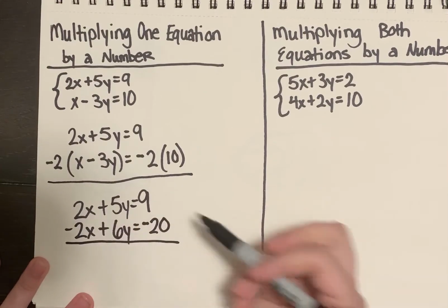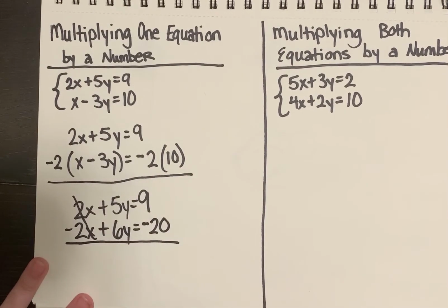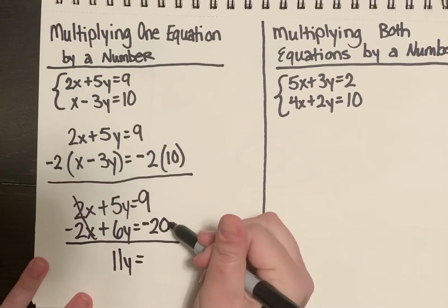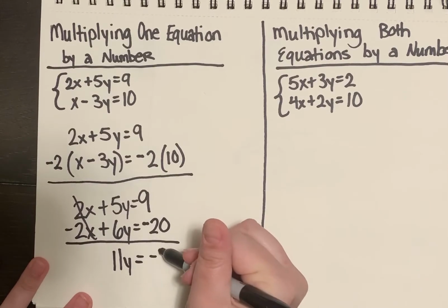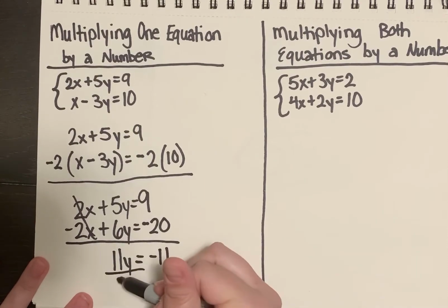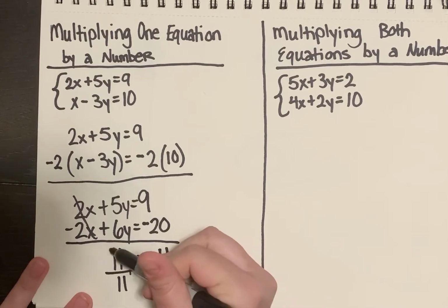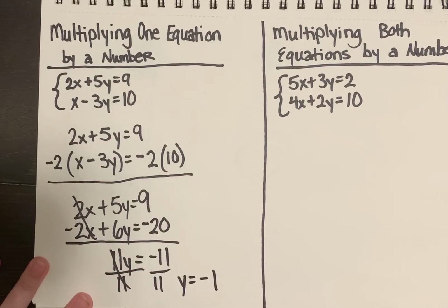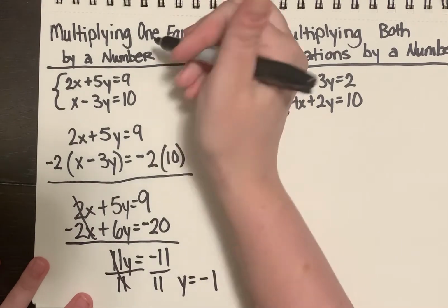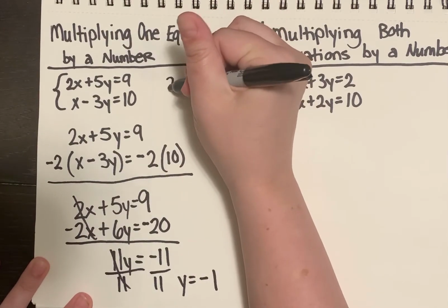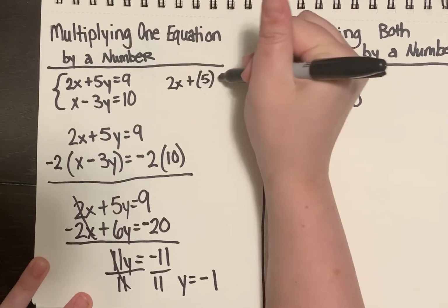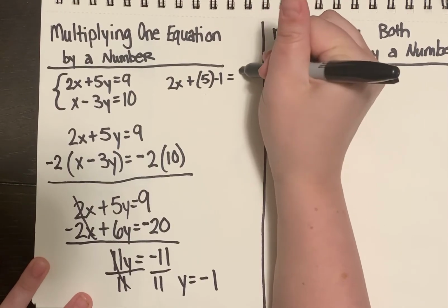Now I can eliminate, because that's what I just did. I multiplied by negative 2 to eliminate. So now I have 11y equals 9 minus 20, which is negative 11. We'll divide by 11, and I have y equals negative 1. So I could go in and plug it in: 2x plus 5 times negative 1 equals 9.